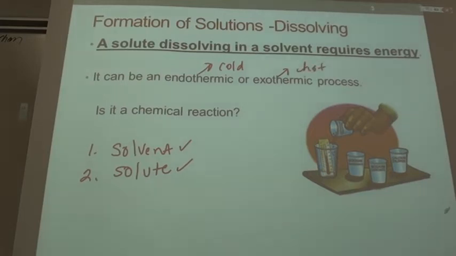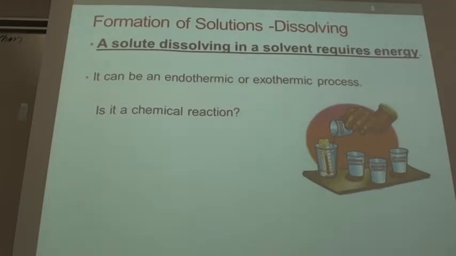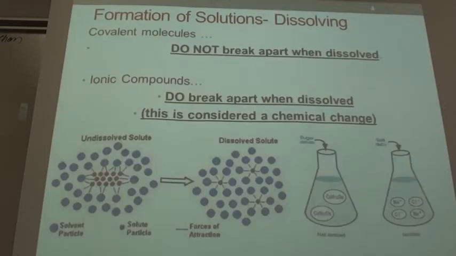Now there's been a little controversy here. Is this a chemical reaction or is it not? Some people think yes, some people think no. At this moment in time, they're calling it ambiguous, which is neither yes or no. Okay, so let's look a little further and write this down now, and then we'll talk.